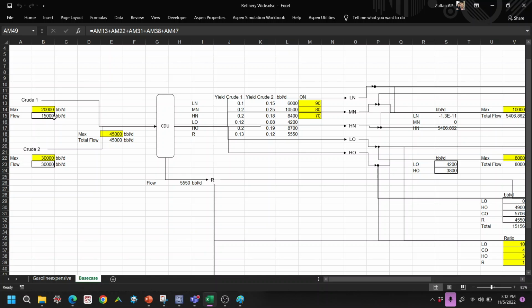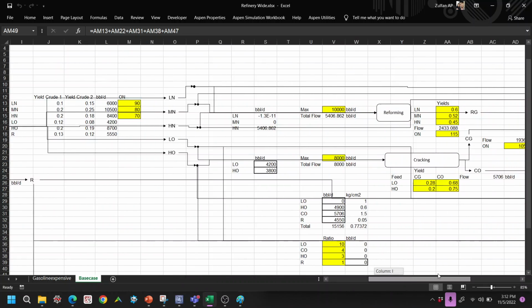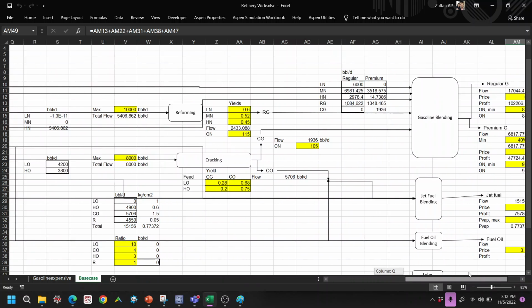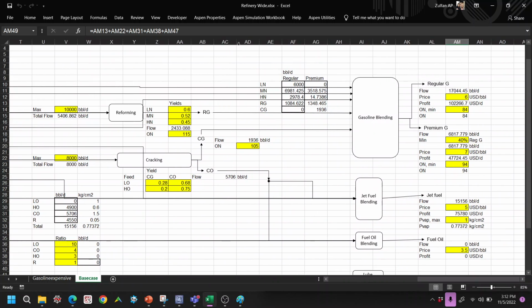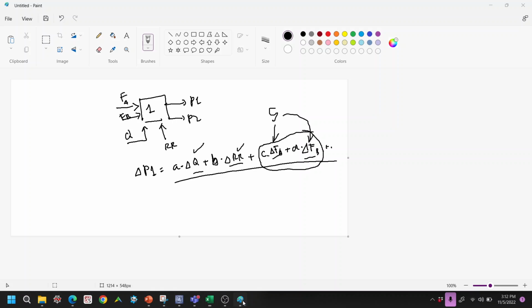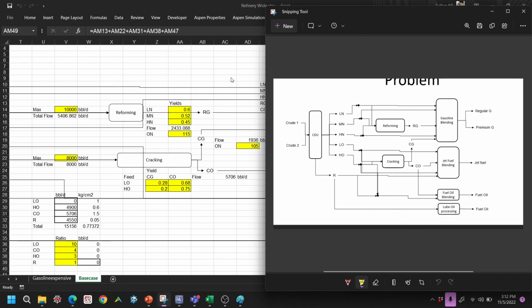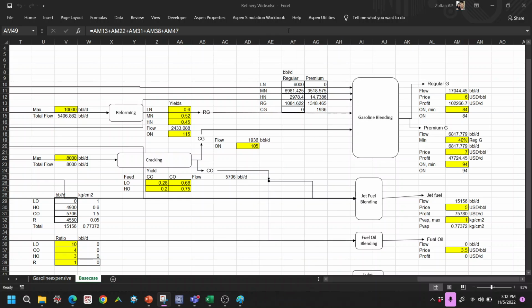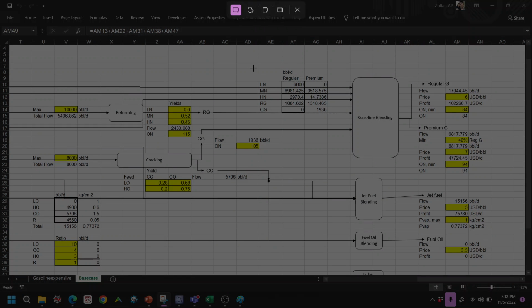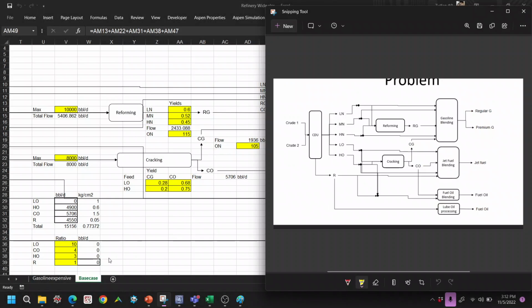You still produce the same, I mean, you're using the same amount of crude. Let's see if there's anything different, for example this gasoline. So this is how much goes to it.